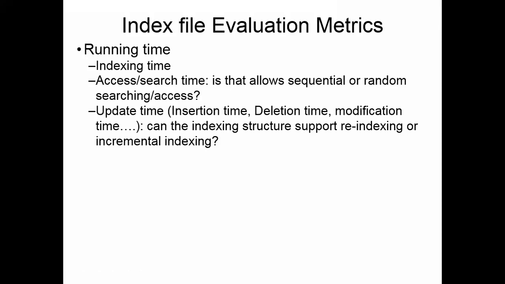For that purpose, we need a good index file that runs faster during indexing, during searching, and even during updating. Nowadays, document collections are alarmingly growing. Per day, a number of documents are published here and there. So updating is frequently required, and the updating should be done as fast as possible.